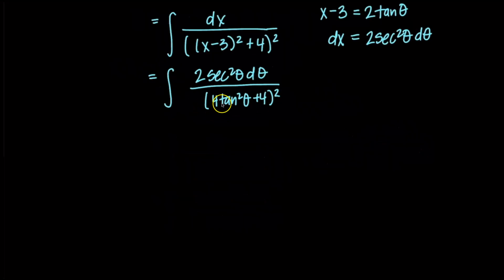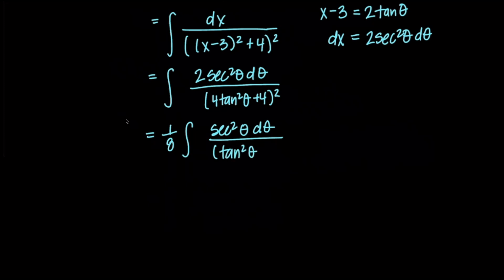Now that we have some space, here I can factor the 4 out, but if I take it out of parentheses, I have to square it. So that's going to give me 4 squared, which is 16. And I have a 2 in the numerator, so 2 over 16 is 1/8. Doing some mental math here. And then we have secant squared theta d theta over tangent squared theta plus 1 squared.